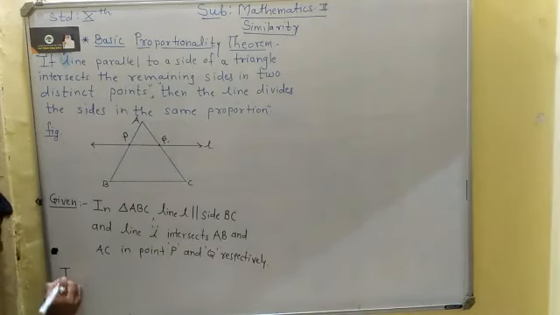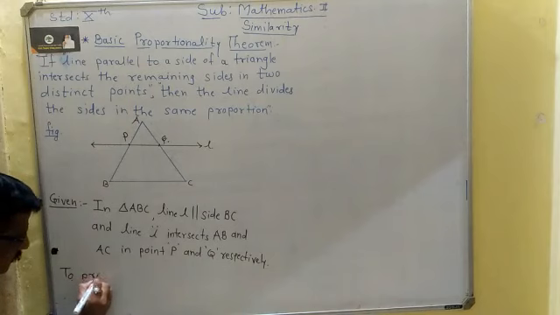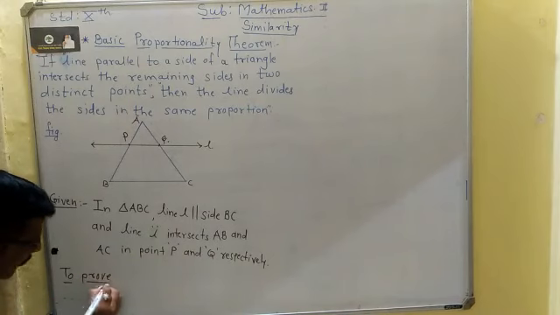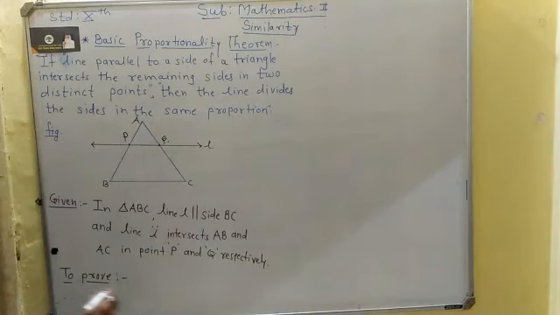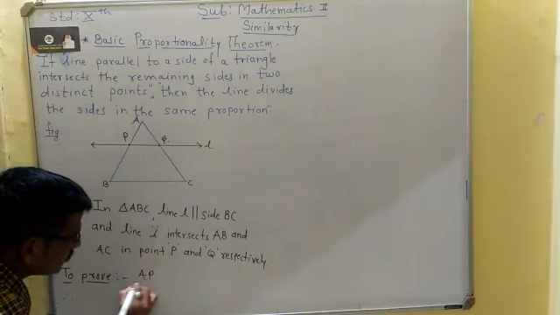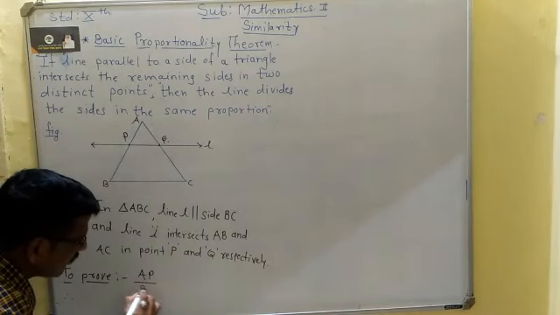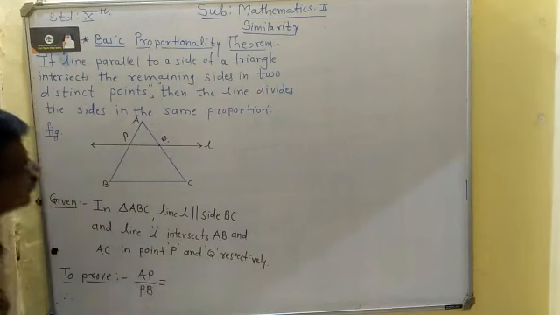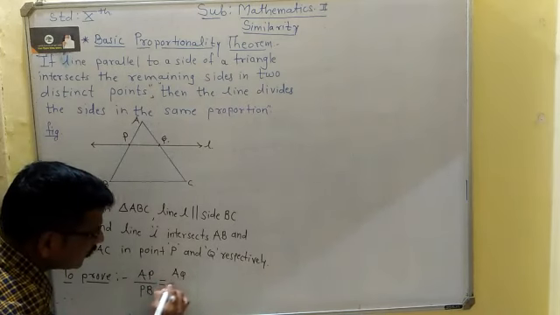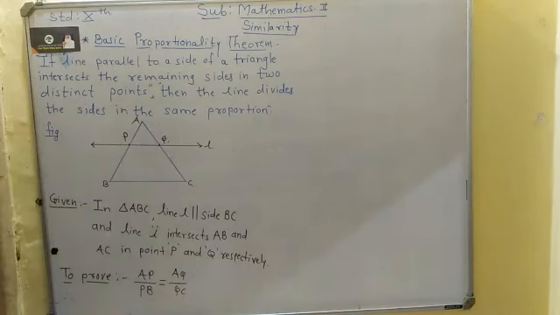We write to prove: AP upon PB is equal to AQ upon QC.